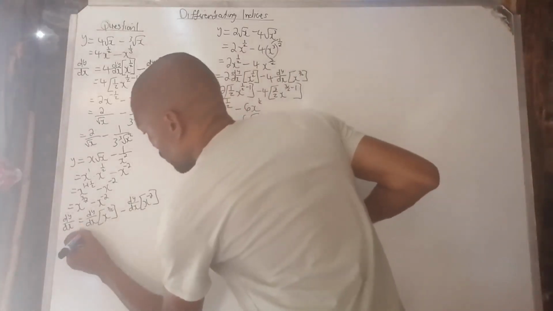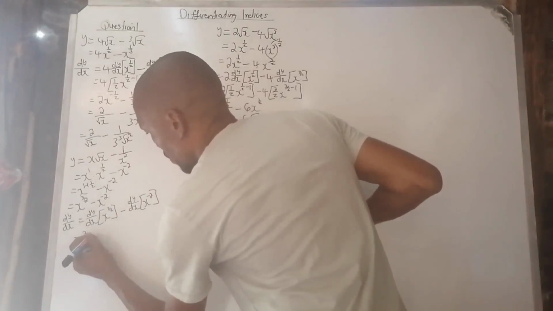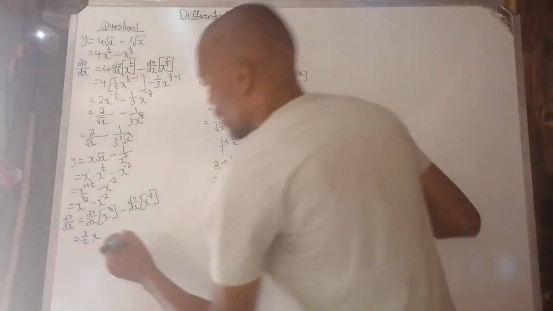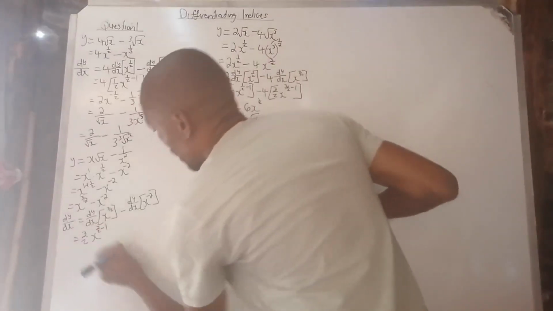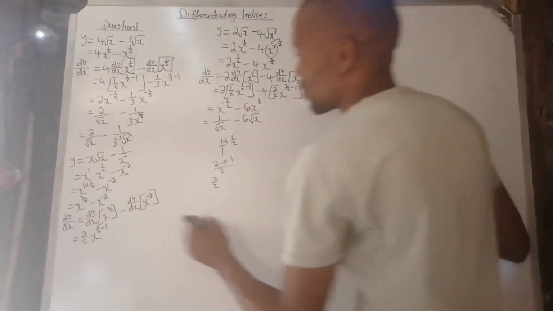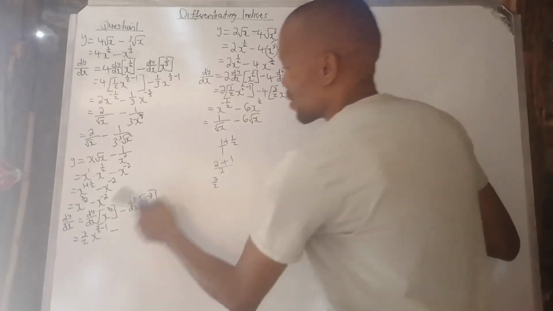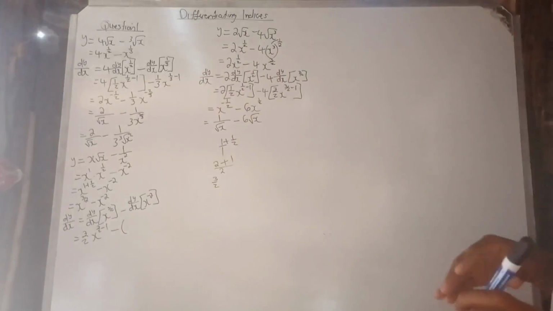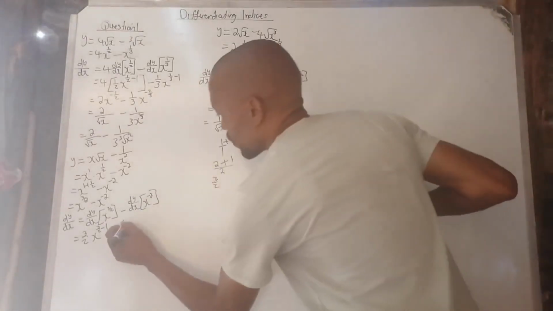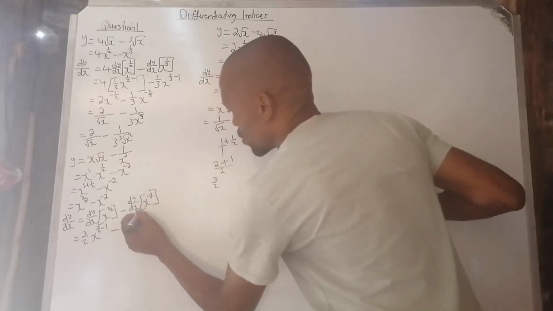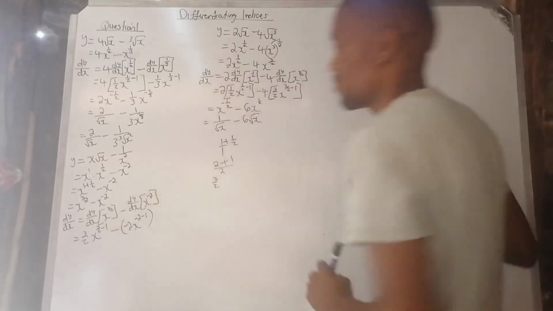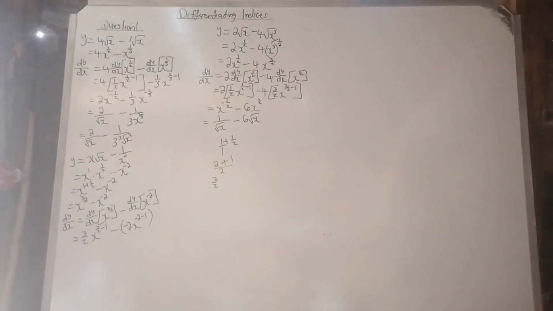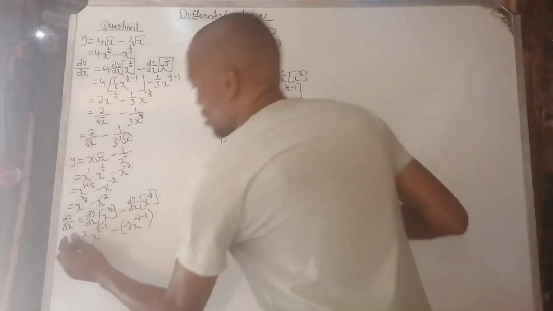I can bring the exponent to the front, remember, write your x and then subtract a 1. 3/2 minus 1. I have my minus. Bring to the front, because it's a negative, I'm going to introduce a bracket. I'll have negative 2 x, subtract a 1 from that. Very, very important that we understand the basics.